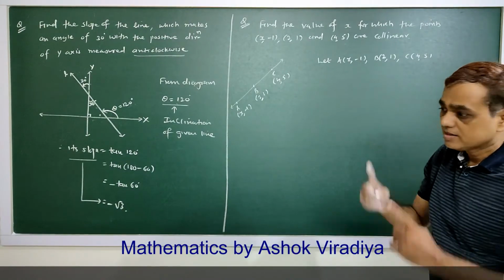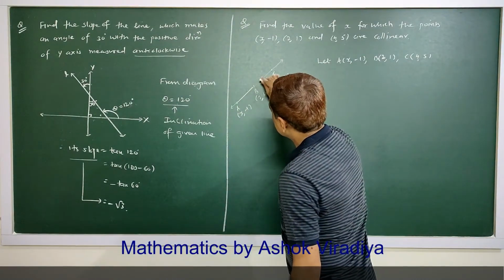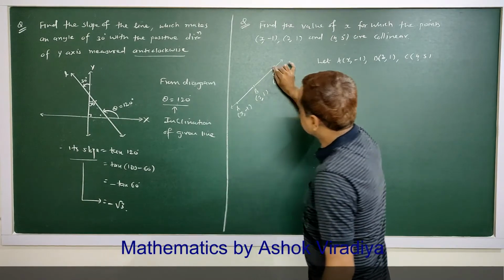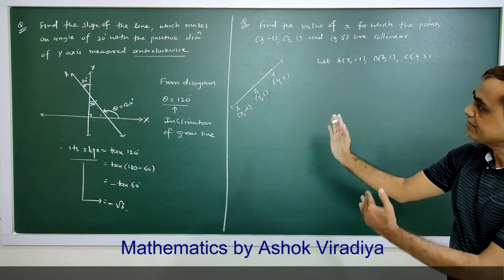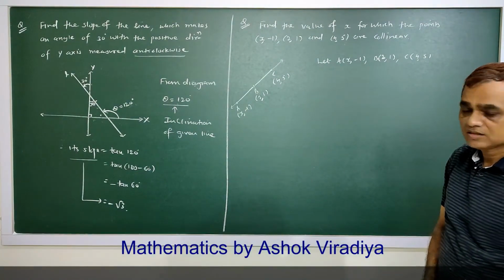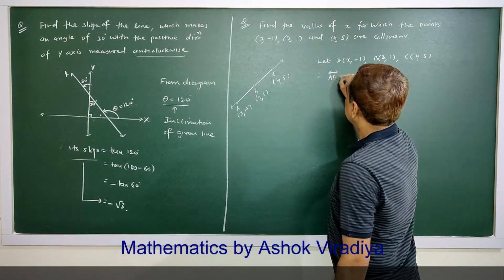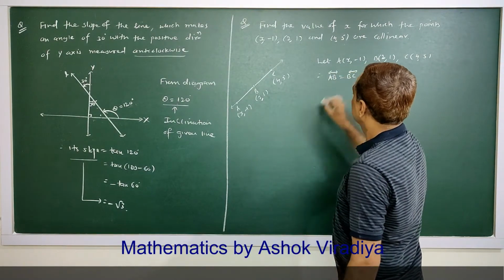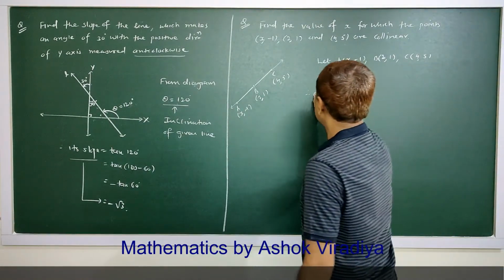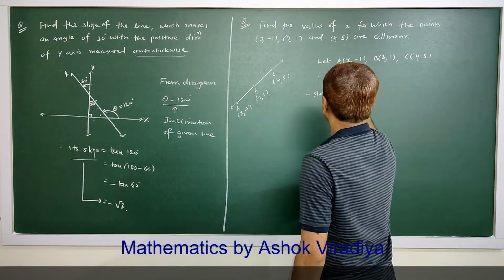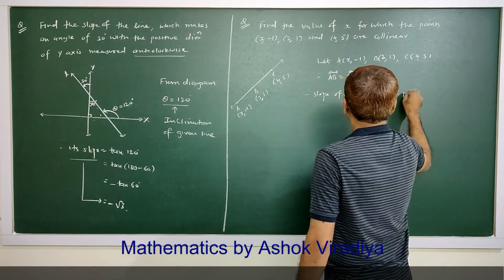That means the slope of AB is equal to the slope of BC, because AB and BC represent the same line.